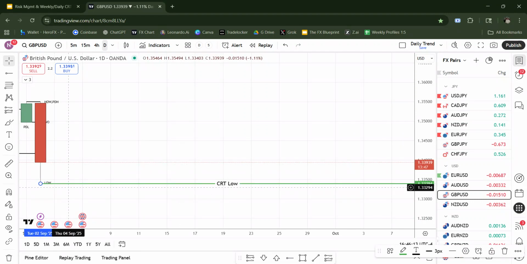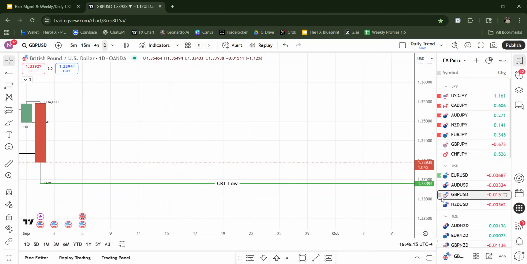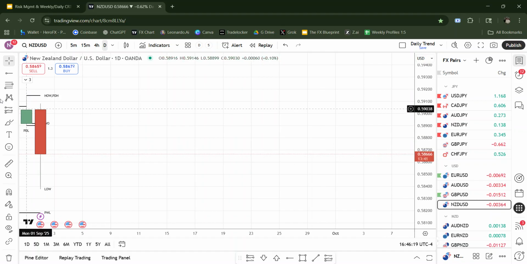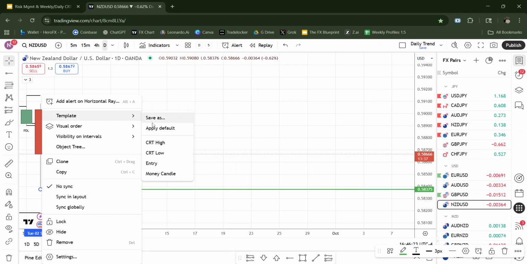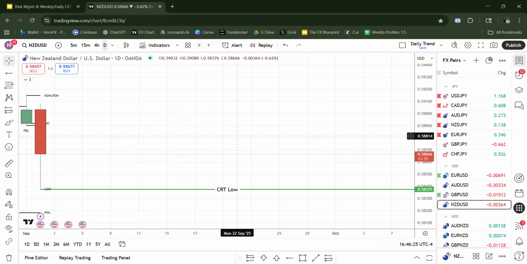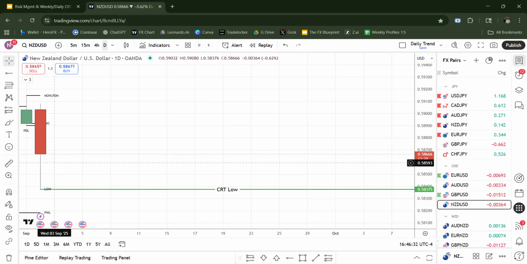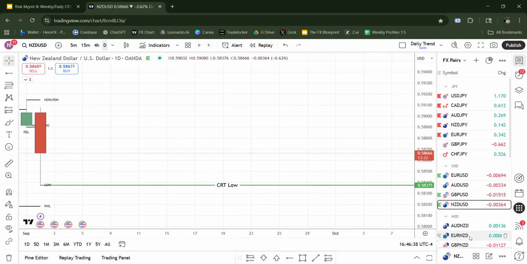So if it goes below this low and closes inside of it, we're all over it. We'll mark this one. Why not? Again, while you may want to see two red candles for long, it just doesn't always work out that way. The main thing is that this low gets raided and then closes inside the range. That's the main thing we want to see.